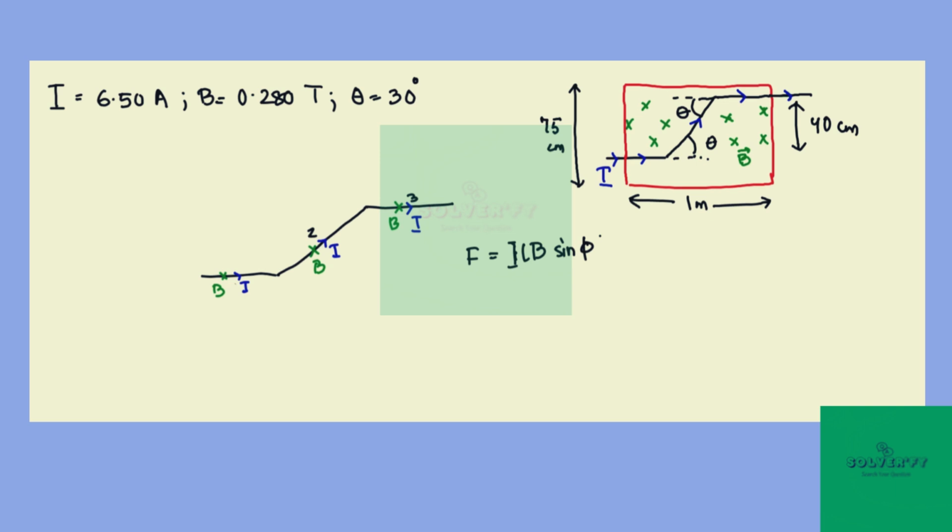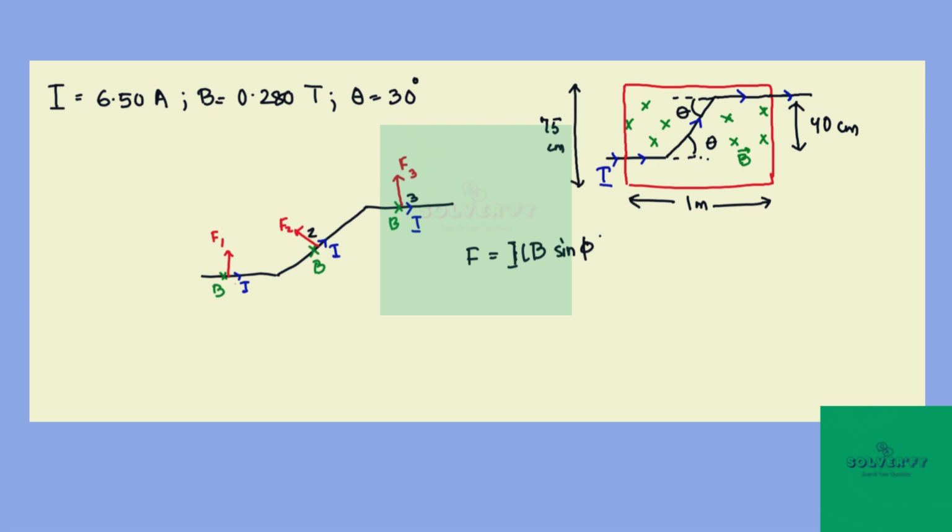So by the right hand rule, the direction of force in this segment will be in this direction. For this, the direction of force will be along this direction, and for this it will be in this direction. So let's call these F1, F2, and F3.